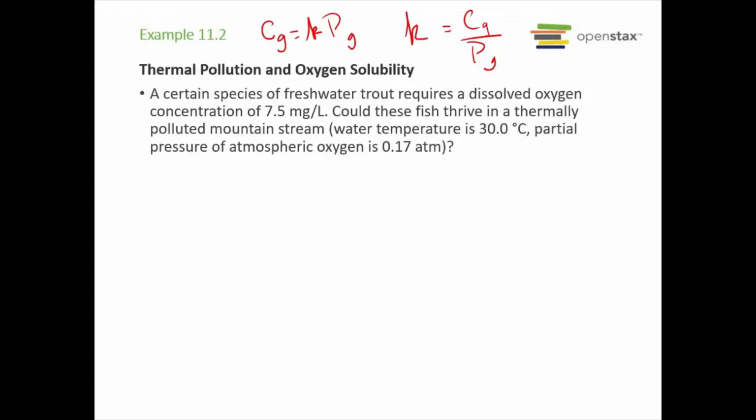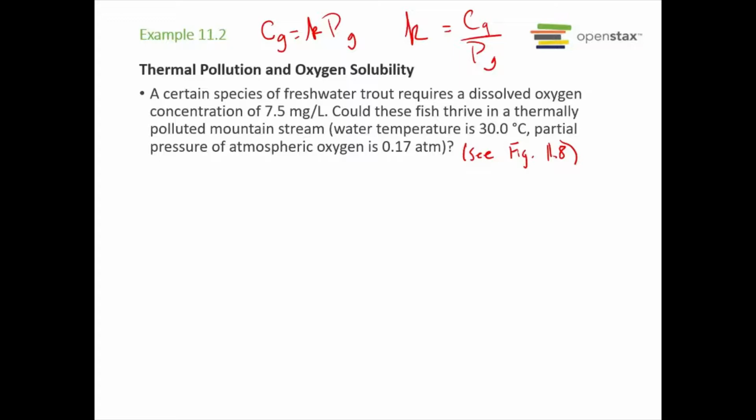Okay, so let's look at another example here. I'm going to add a little bit here that I forgot to copy and paste. We're told a certain species of freshwater trout requires a dissolved oxygen concentration of 7.5 milligrams per liter. We want to know if these fish could thrive in a thermally polluted mountain stream where the water temperature is 30 degrees Celsius and the partial pressure of atmospheric oxygen is 0.17 atm.